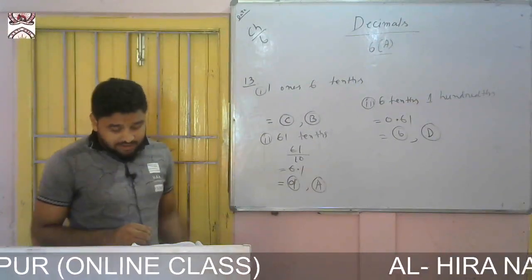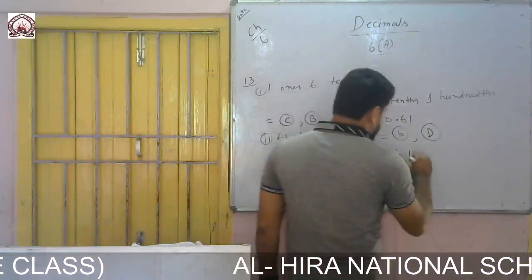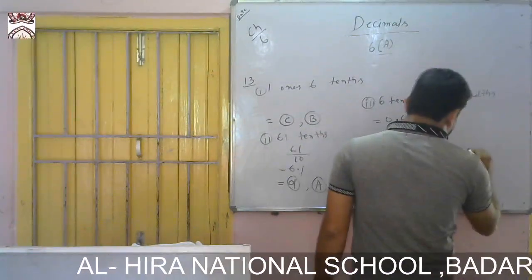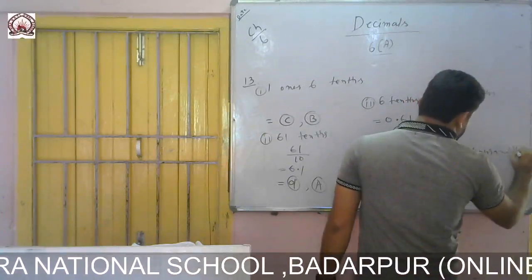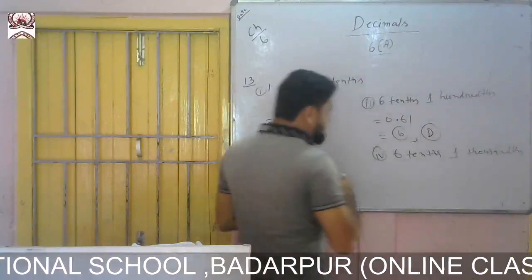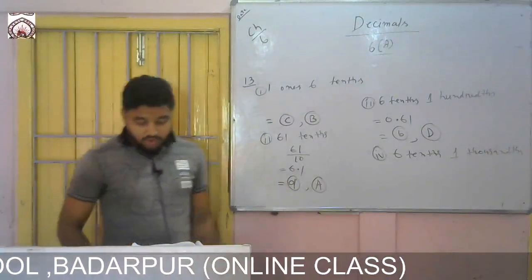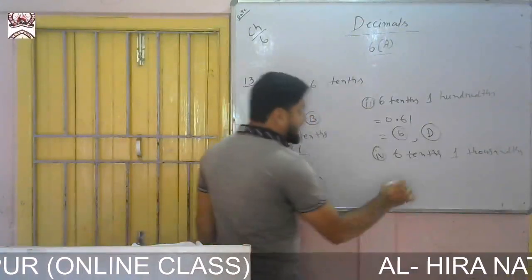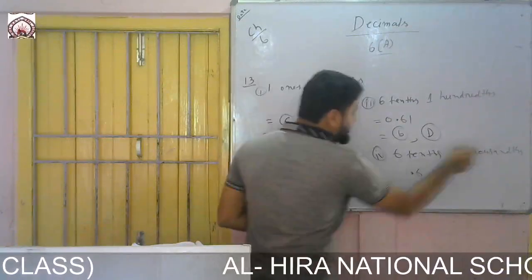6 tenths 1 thousandths. So 6 tenths means just after the decimal point, and 1 is in the thousandths place.